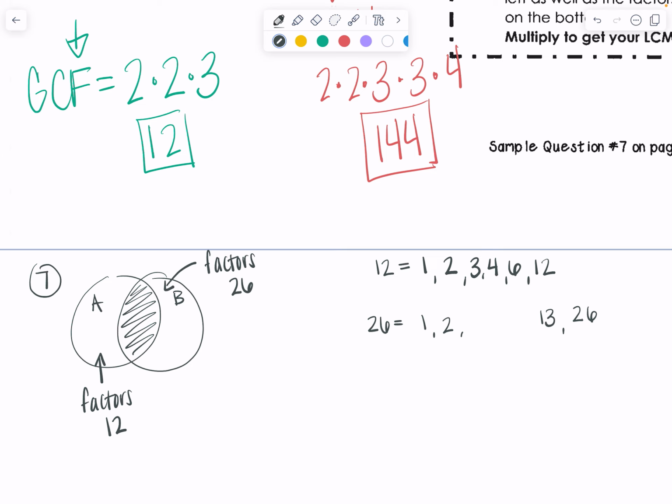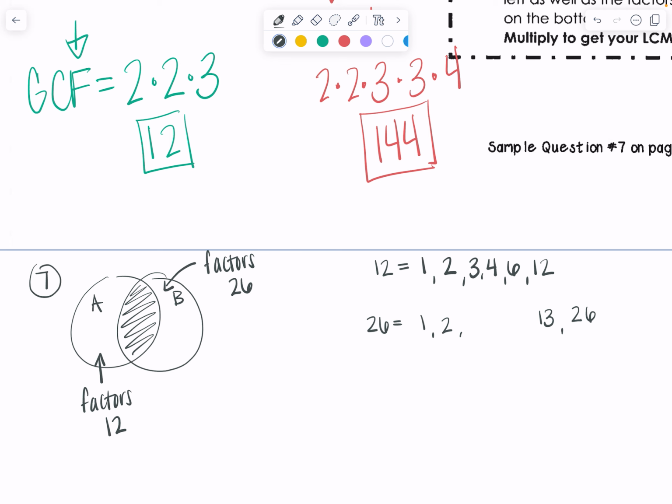And there's no 4, because nothing times 4 is 26. Nothing times 5 is 26. Nothing times 6 is 26. And when I say nothing, I mean no whole number. So those are all my factors of 26.